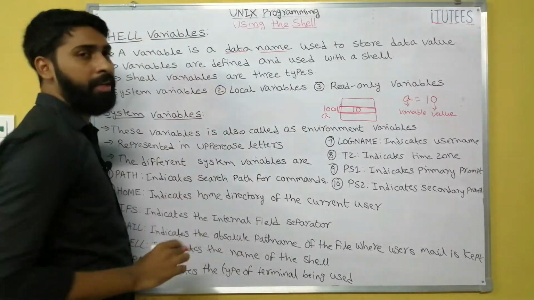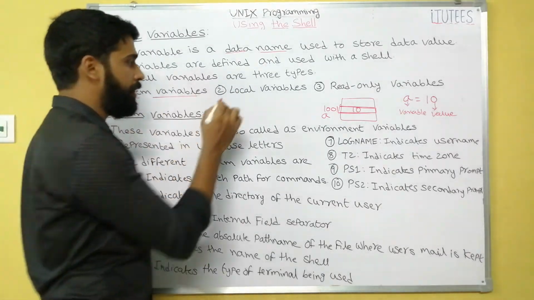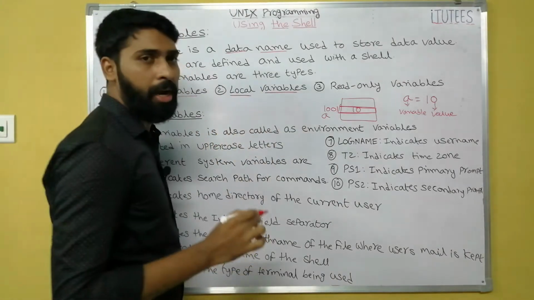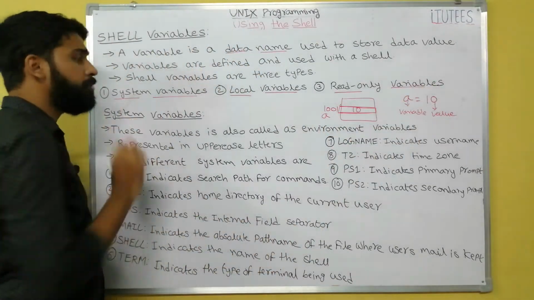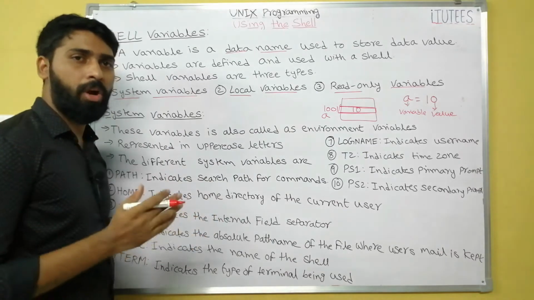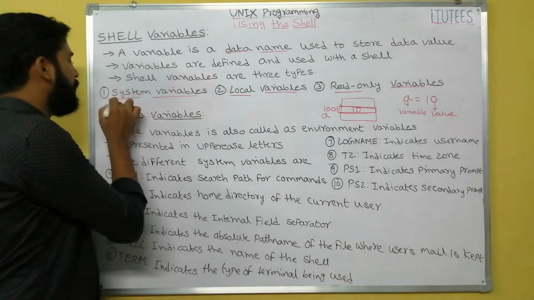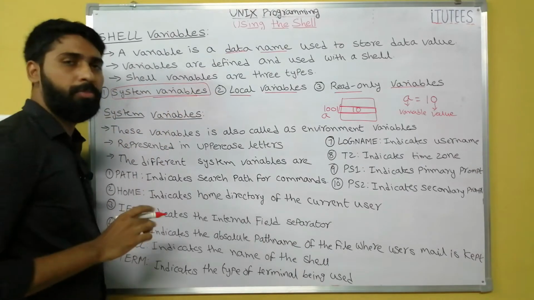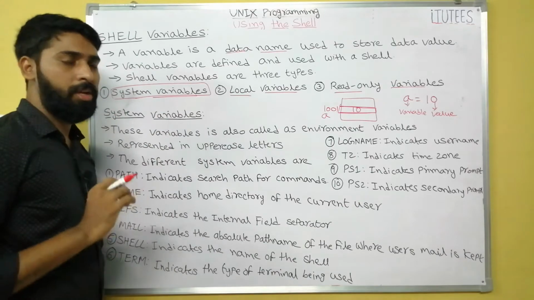Shell variables are of three types. One is system variables, second is local variables, and third is read-only variables. System variables means when you log into the system, some environment variables are automatically assigned. Those variables are called system variables.